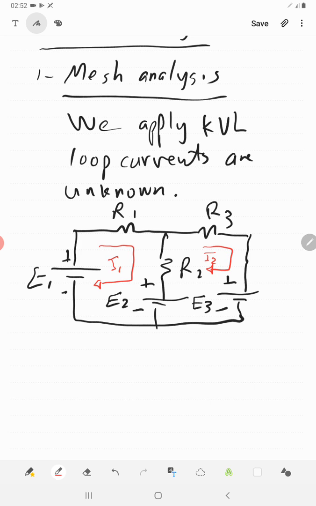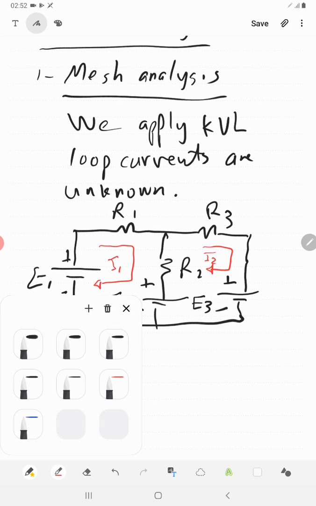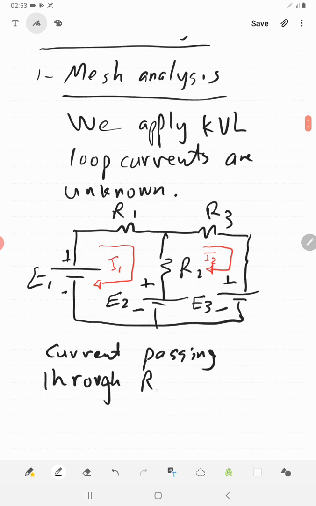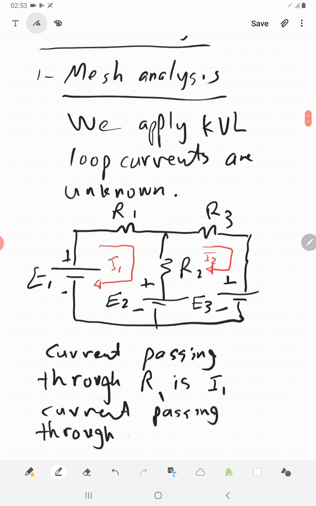Okay, so if we look at these two loops, current passing through R1 is I1. Current passing through R3 is I2.